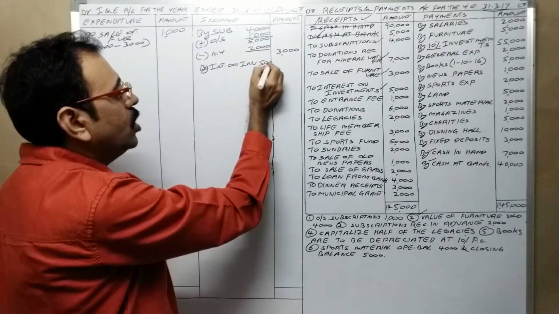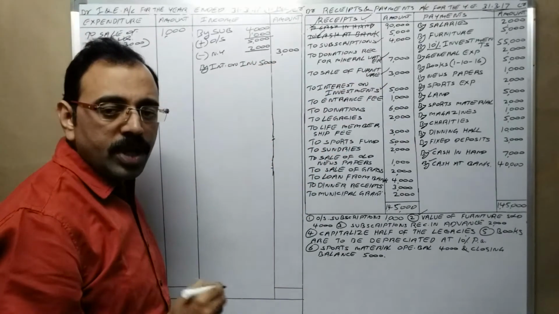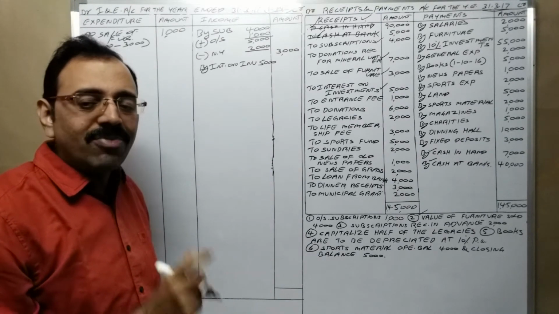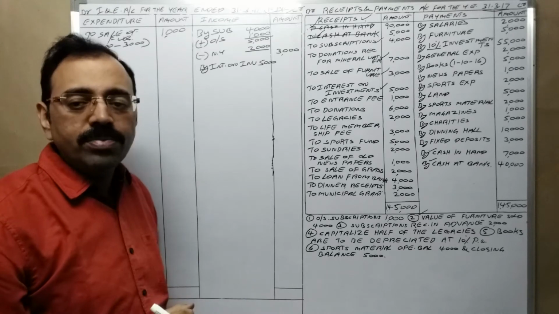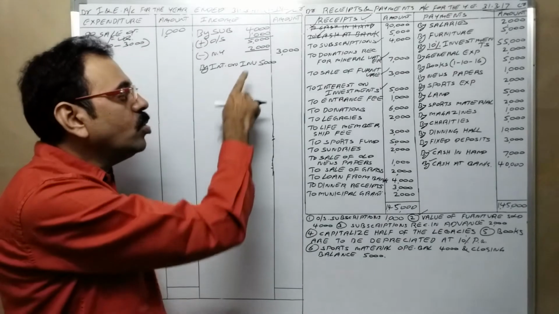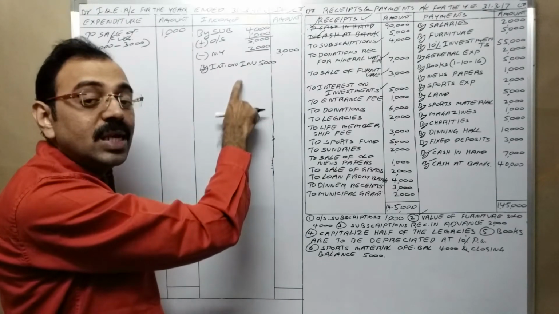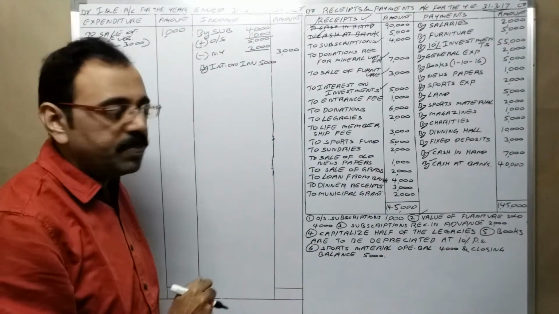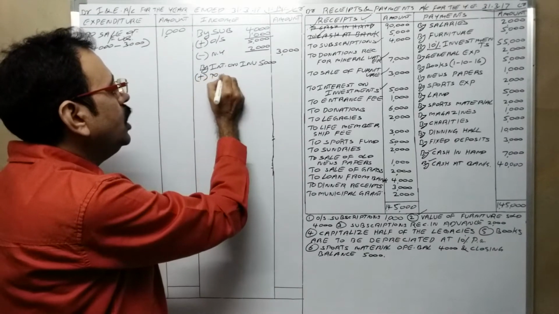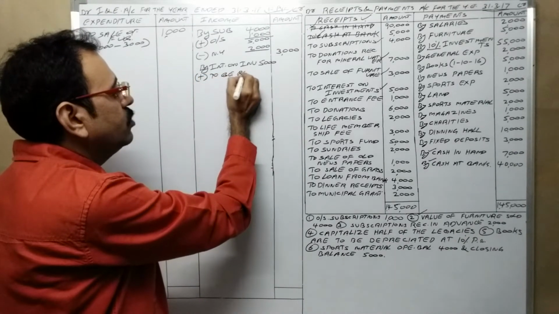Take that in the inner column. Then how much more money should come? 500 rupees. That 500 belongs to the current year only, no? Since we are following the accrual system, we should consider not only the received amount, but also the receivable. Add the amount to be received.